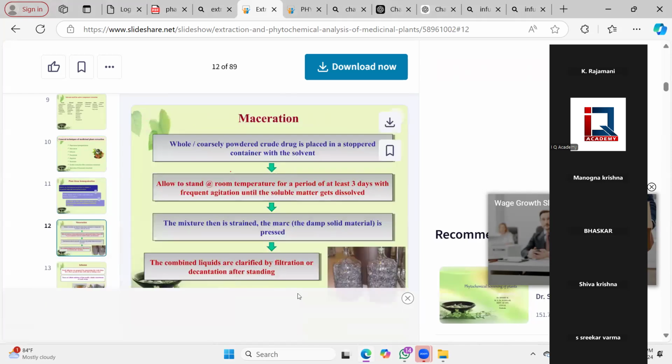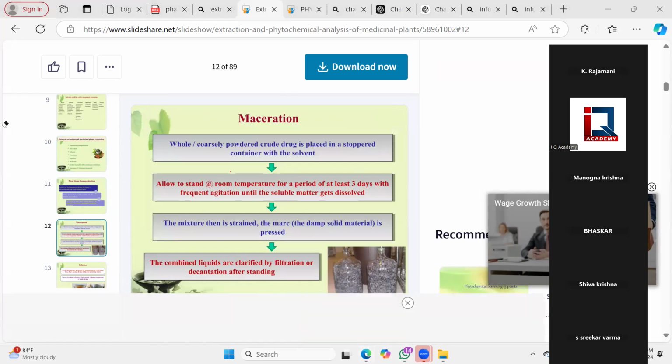And very important, what is happening in maceration, you can have a look. In maceration we macerate the drug. We store the drug in the solvent mixture. That's what happens in maceration. Whole drug, the plant extract or coarsely powdered crude drug is placed in stoppered containers with the solvent.